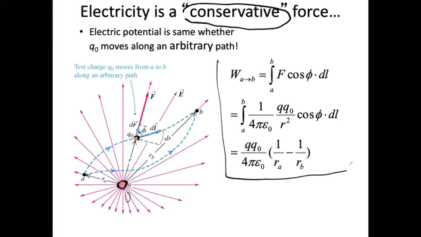What is shown here, which is not required for you, is a rigorous proof that as long as you have two point charges, the work done on a charge moving from one location to another is independent of the path it took. It really only depends on the initial position and the final position. So this is why electric force is a conservative force, and this is why we can define electric potential energy.